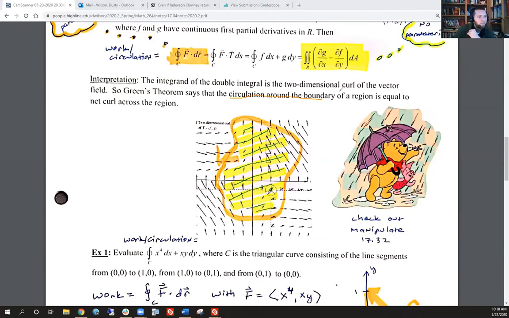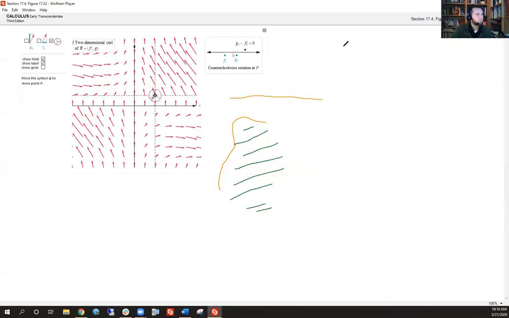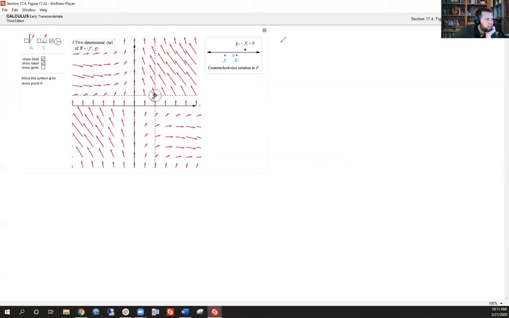So let's look at the second manipulate. Imagine that we created a region we cared about.